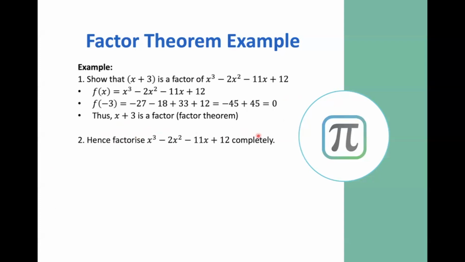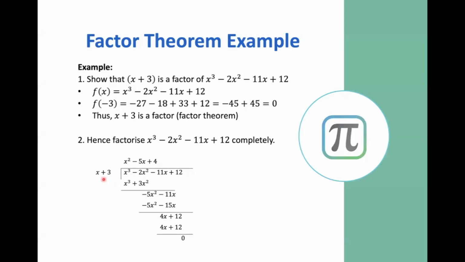Hence, factorize this expression completely. What we mean is to break this down into brackets in its entirety. Well, we can use the algebraic division that we used in previous examples. So as before, we put the expression that we're dividing in the box, and the divisor on the left.